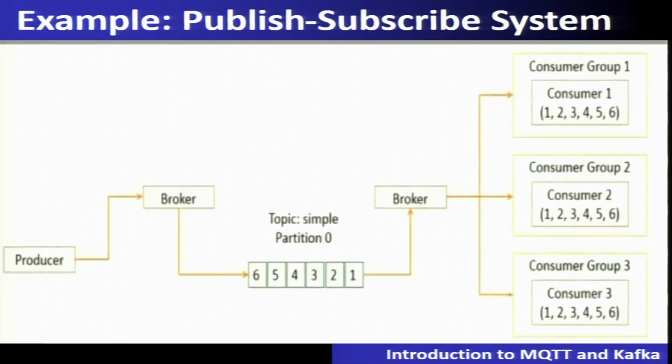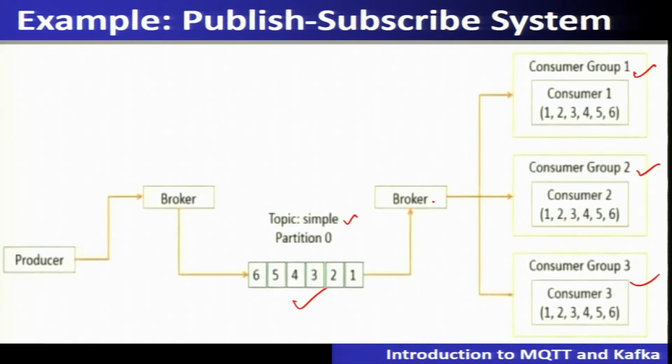Now, for the publish-subscribe system, let us take another example. This example shows that partition 0 has generated messages for this topic, whereas the broker has to coordinate in another mechanism where every consumer group has only one consumer: 1, 2, 3.